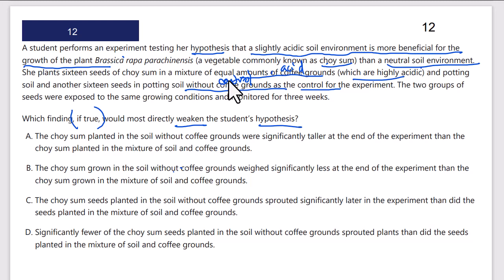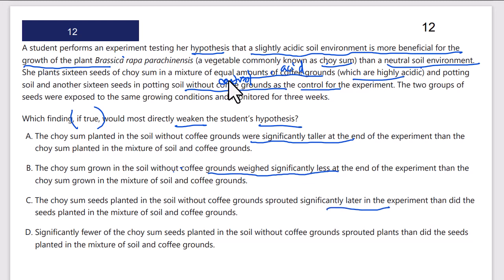Okay, so as we read here through the different answers, which we can all presume are true as we consider whether they weaken the hypothesis or not, we find a couple different nuances. The first one talks about significantly taller. The second one talks about significantly weighing less or more. The third option talks about later or earlier in time.